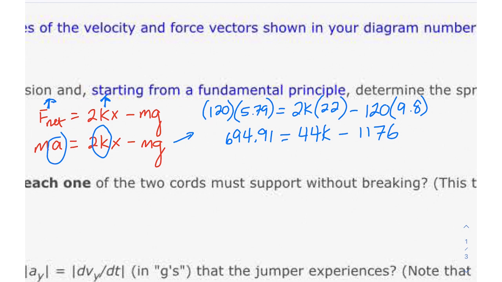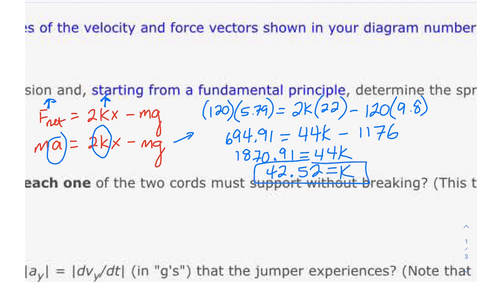We add that to the 694.91, giving us 1870.91 equaling 44k, and we divide by 44, and that would give us a spring constant here of 42.52.